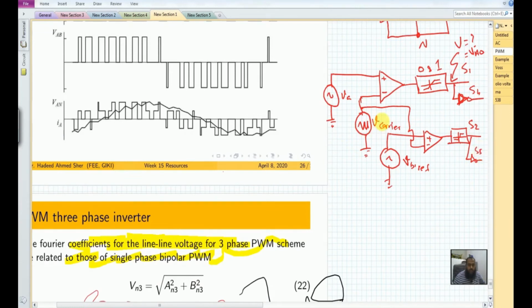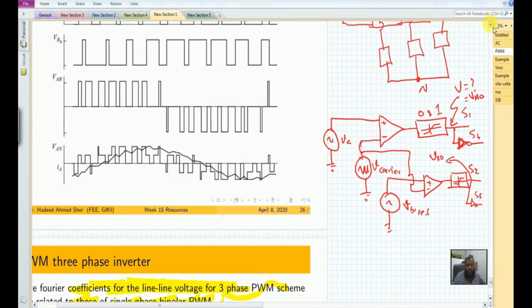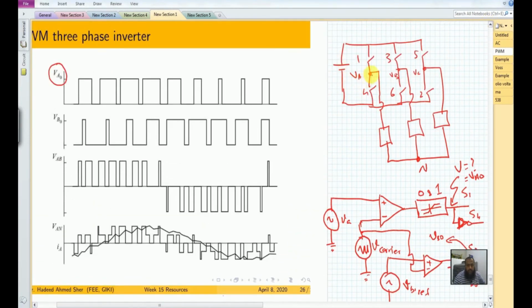So you can see that this particular point is equal to VB0, and the voltage between this point and the neutral, after we have applied this, will become equal to VAN.